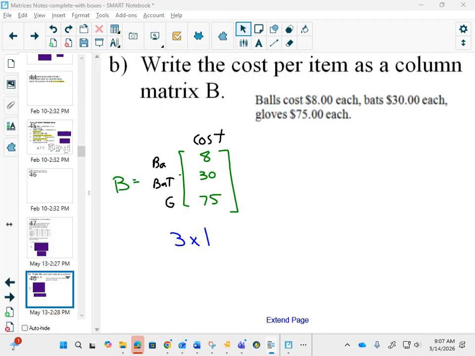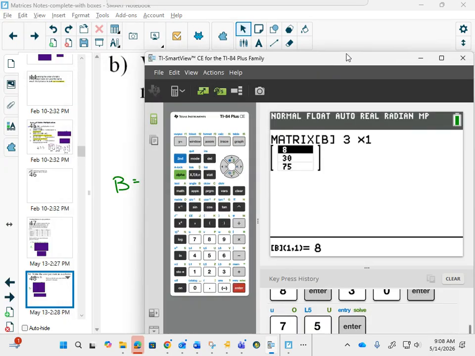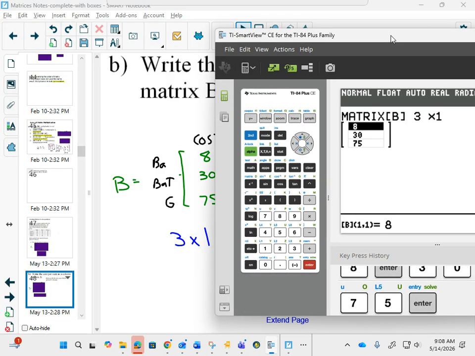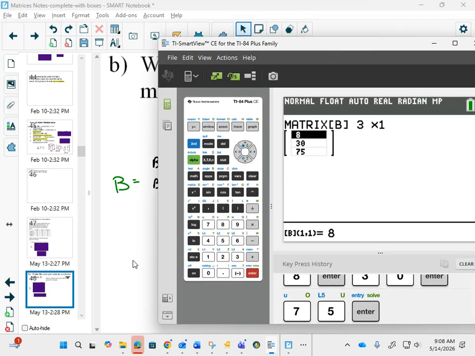I'll pull the calculator out of the way so you can still see. I'd like you to take your calculator out, go to B and edit that one, and make it a 3 by 1. So there's my matrix B. It is a 3 by 1.